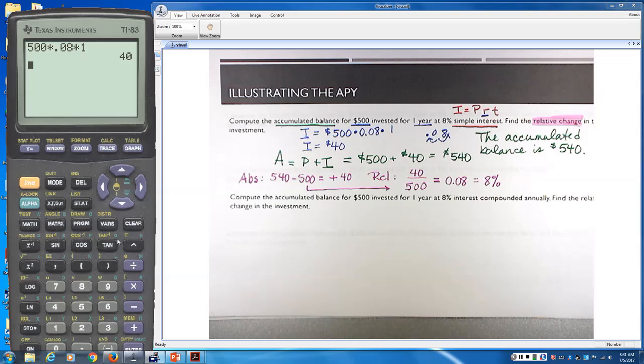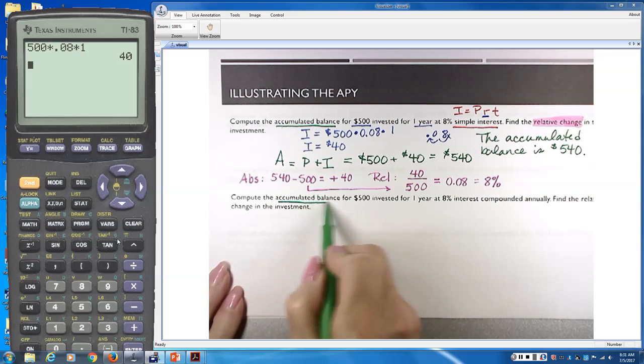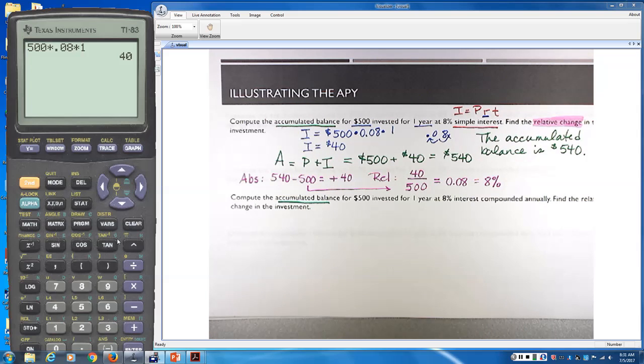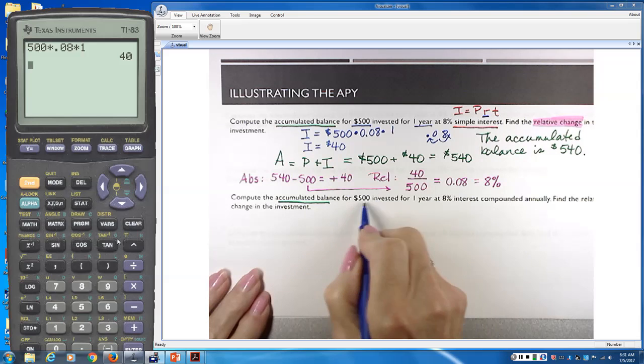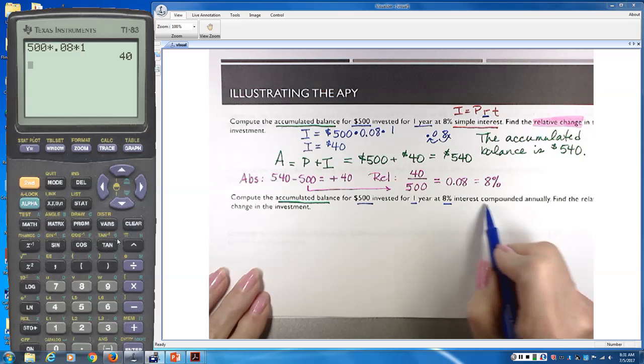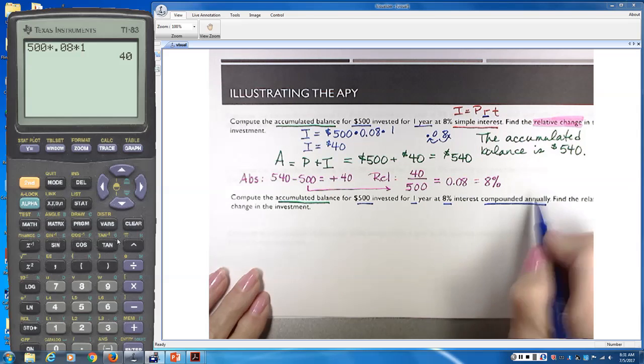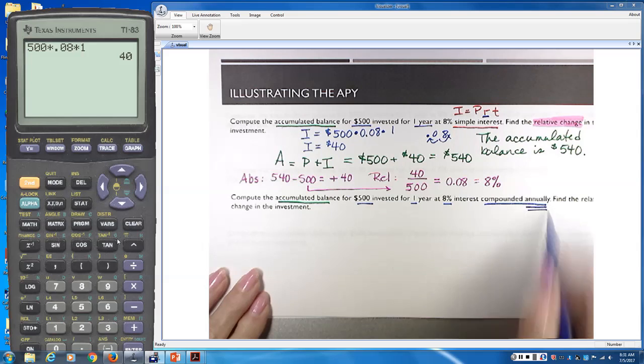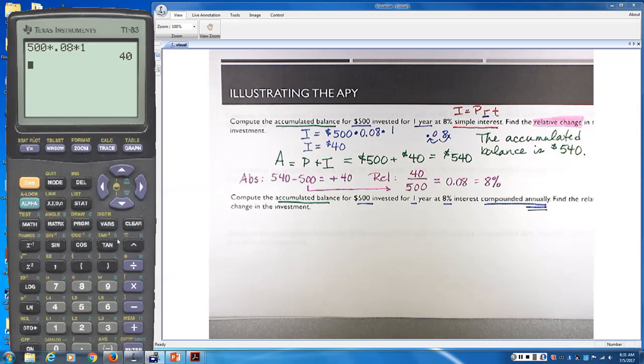Now in the next problem, it says to calculate the accumulated balance for the same amount, $500, invested for 1 year at 8%, compounded annually. Now for that, we're going to do the TVM solver.